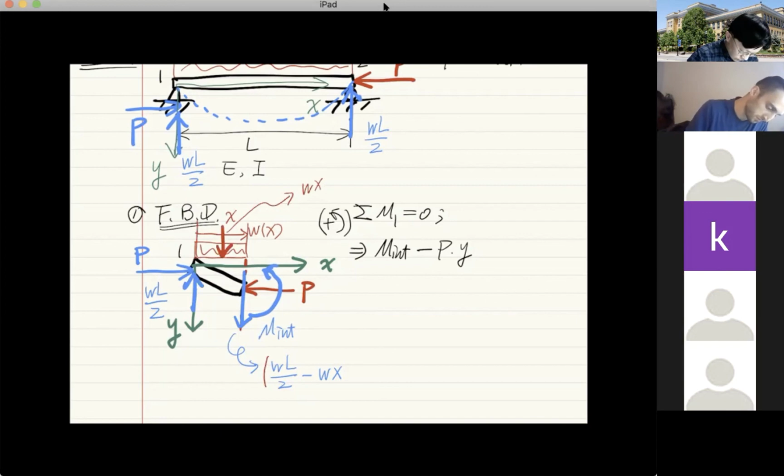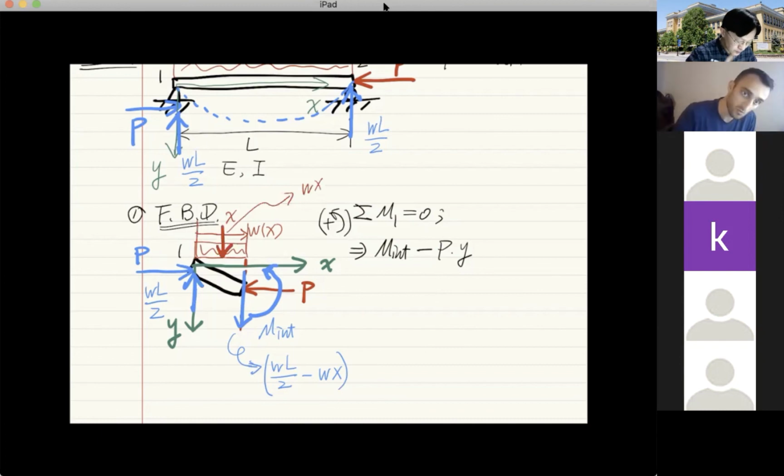Now we can continue our moment equilibrium. So in this case, this force will produce positive or negative moment? Negative, right?